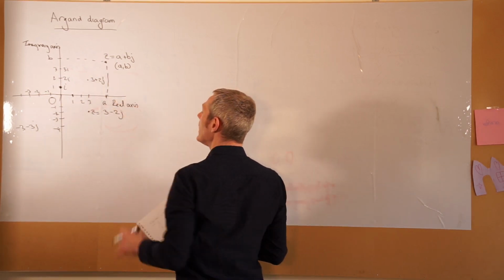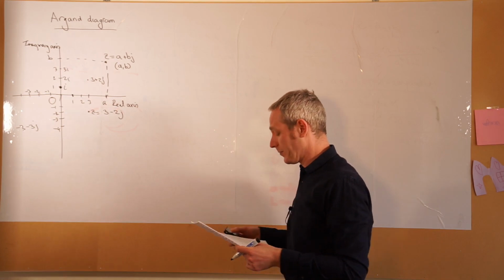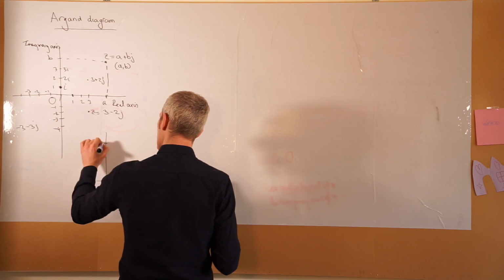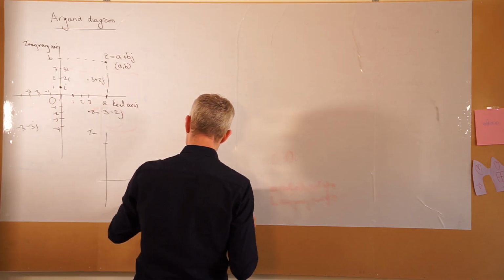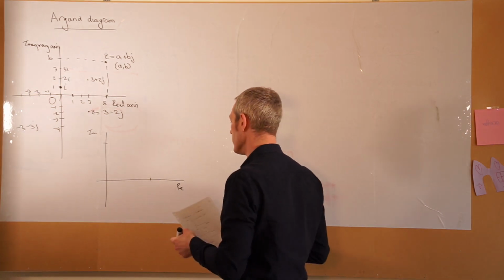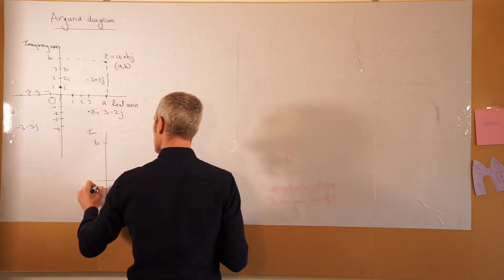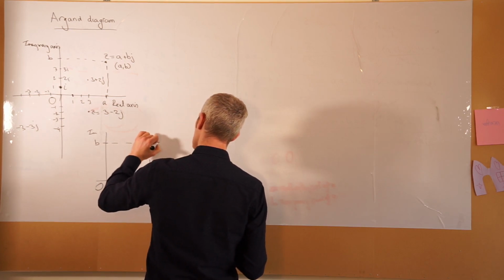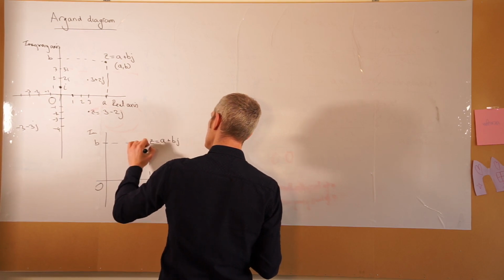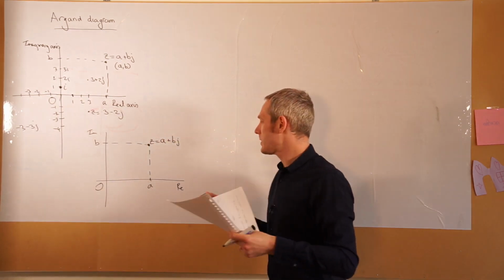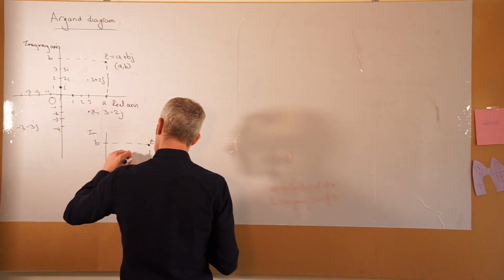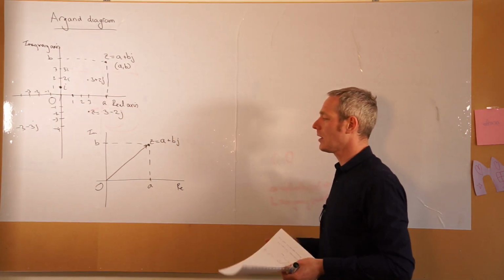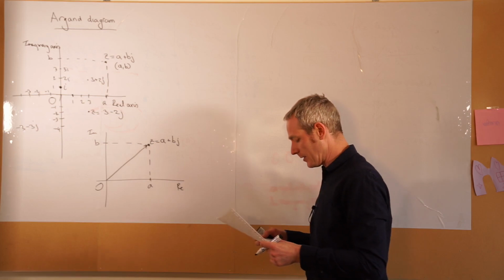Now, returning to the idea of a complex number as a vector. If we take our diagram where we have the imaginary axis and the real axis, which I'll abbreviate with Im and Re, and we have our coordinates A and B, and of course we have an origin, and this is our complex number Z is A plus B times J. Now, if we represent this as a vector, starting at the origin, then recalling some parts of engineering, mathematics and modeling, we know that a vector has a certain set of properties.